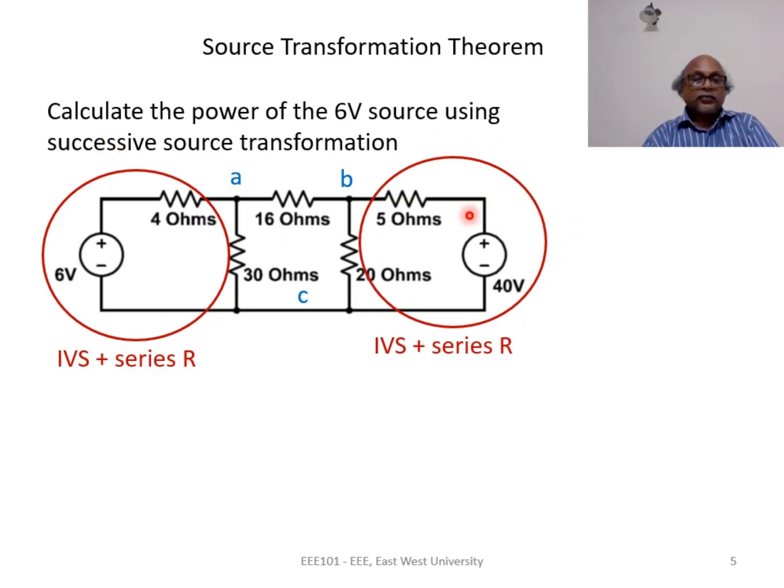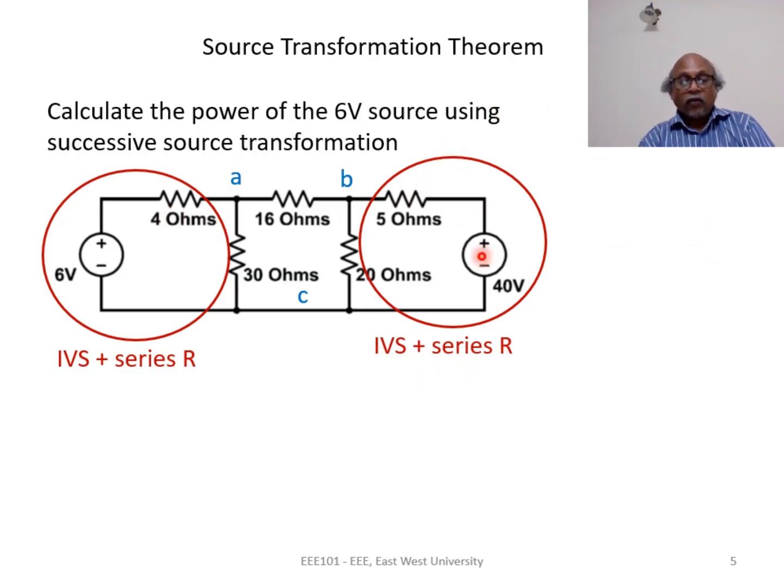Theoretically, we can transform both, but specifically which one should be beneficial for us will depend on what the question tells us to do. In this case, the question tells us to calculate the power of the 6-volt source. If we make this transformation, the 6-volt source will disappear. So we don't want to transform the 6-volt source in series with 4 ohms. We want to keep it as it is.